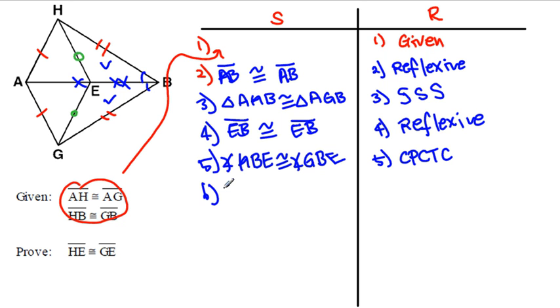Number six, because of that, we can say triangle HBE must be congruent to triangle GBE. Once again, it would be side, angle, and side.